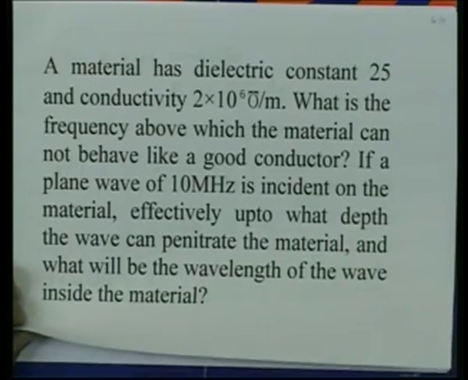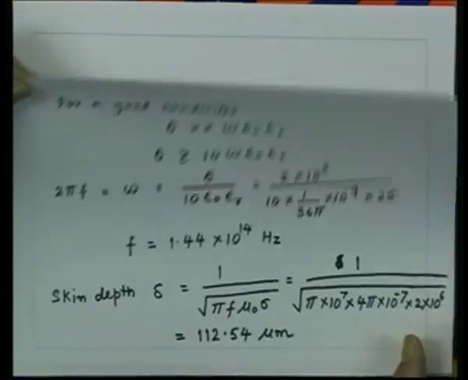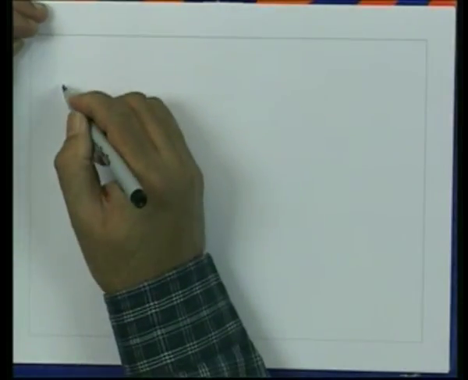The next thing which is asked in this problem: what will be the wavelength of the wave inside this material? And as we know, the wavelength is related to the phase constant of the material. So, we first find out the phase constant.